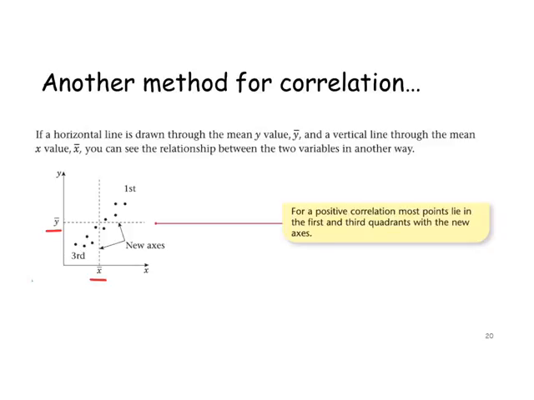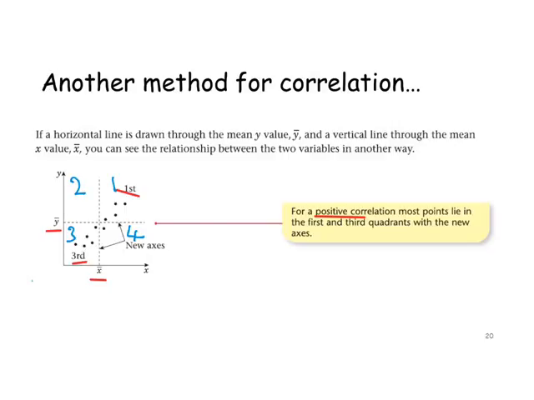Now when we number the quadrants, then this is always number 1, number 2, number 3 and number 4, always in that order. And what we see is that for positive correlation, most of our points are in the first and the third quadrant.